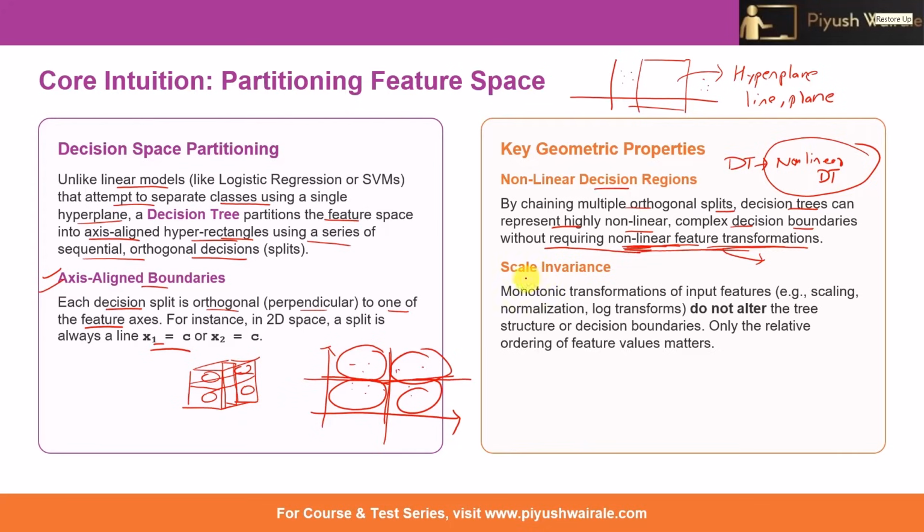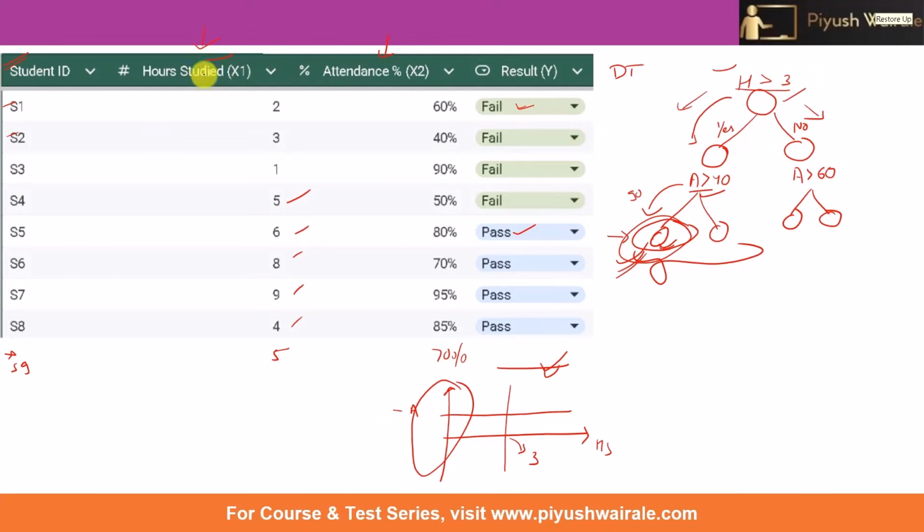Then the scale invariance. If you remember, in many models we saw the scale of the features matters. Let's say we have a dataset with income and number of siblings. The scale for income will be in thousands or tens of thousands, and number of siblings will be single digit: 1, 2, 3, or maybe 4.